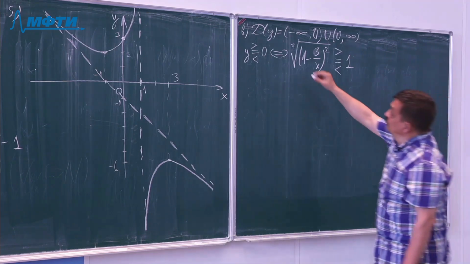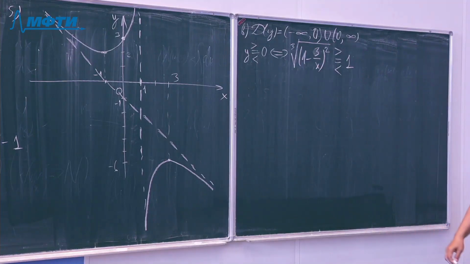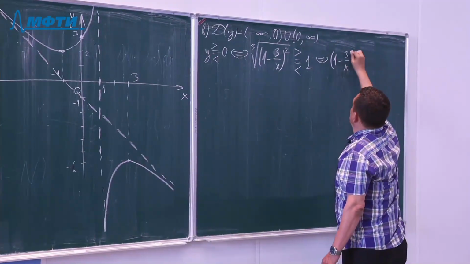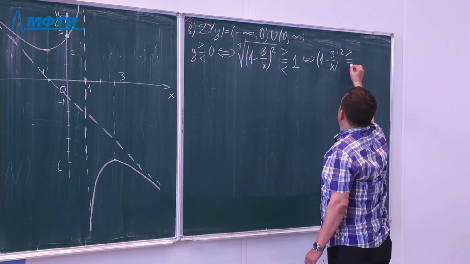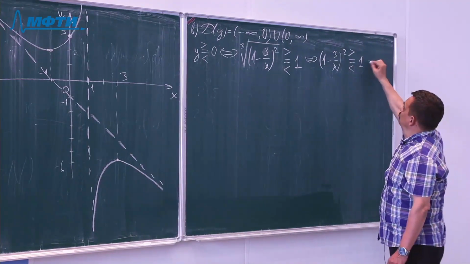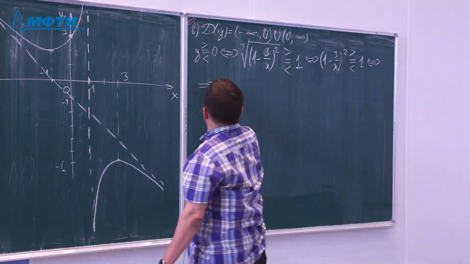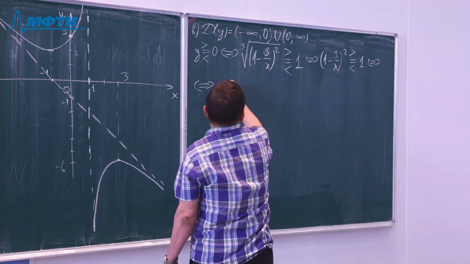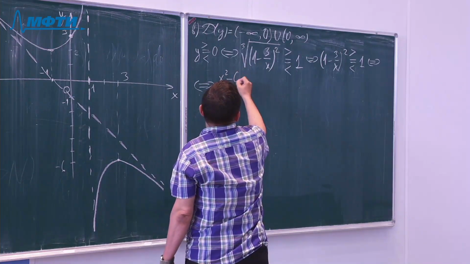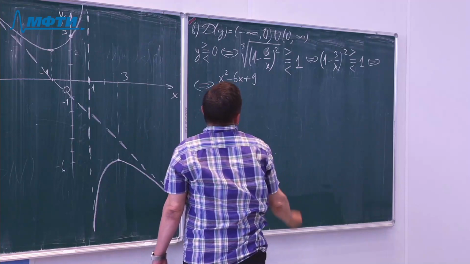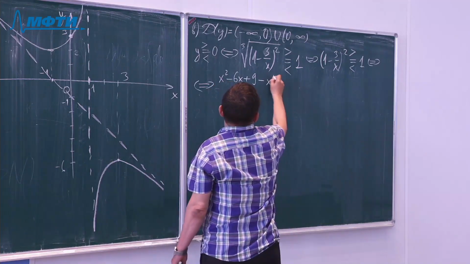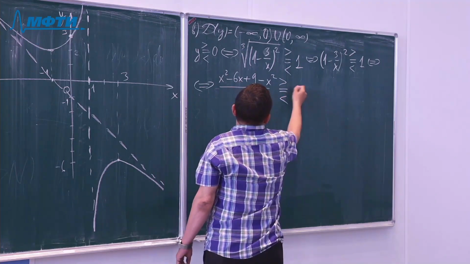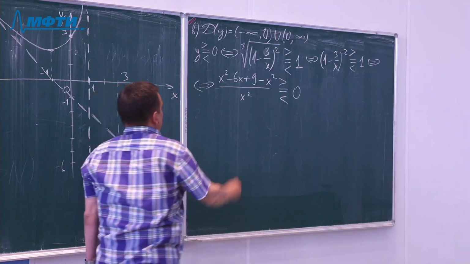After that, we can take the cube of both sides. Or we can rewrite it, moving 1 to the left hand side, as (x squared minus 6x plus 9 minus x squared) over x squared is greater than, equal to, or less than 0. So we cancel x squared.